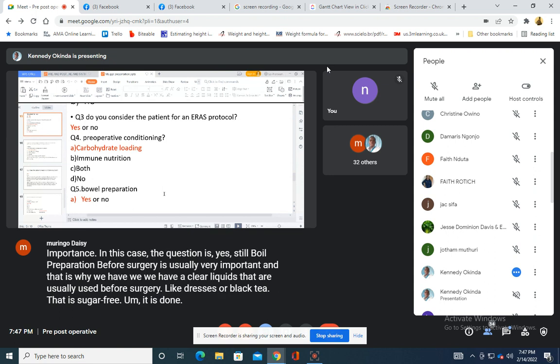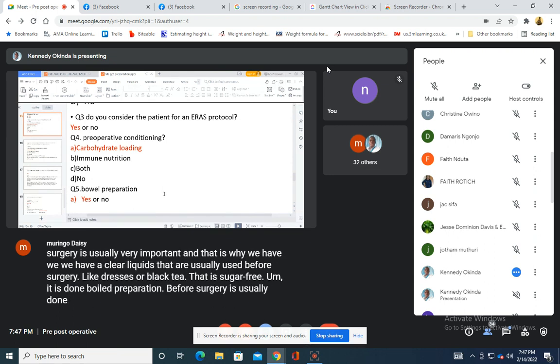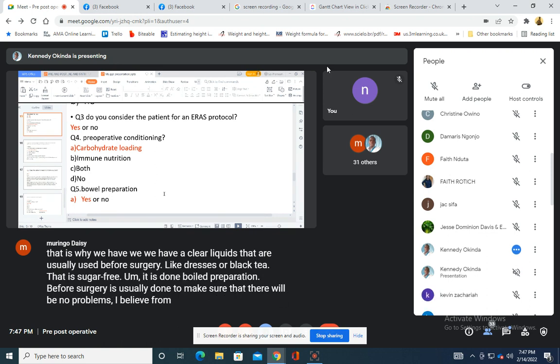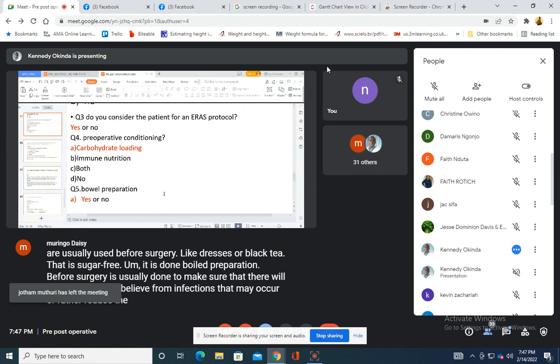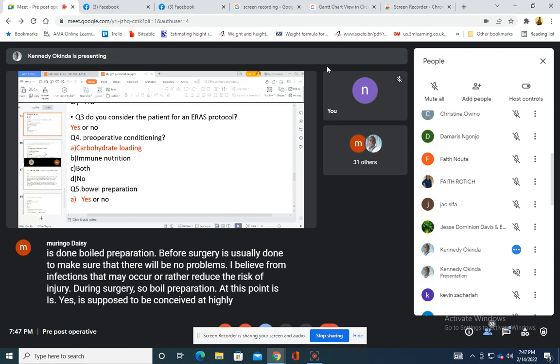Bowel preparation before surgery is usually done to make sure that there will be no problems, I believe, from infections that may occur, or rather to reduce the risk of injuries during surgery. So bowel preparation at this point is supposed to be considered.